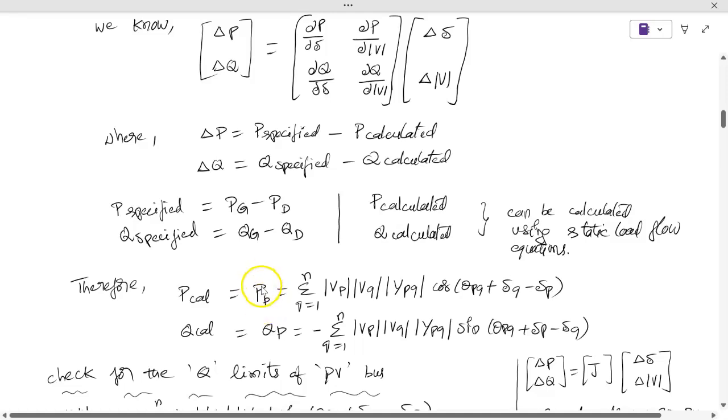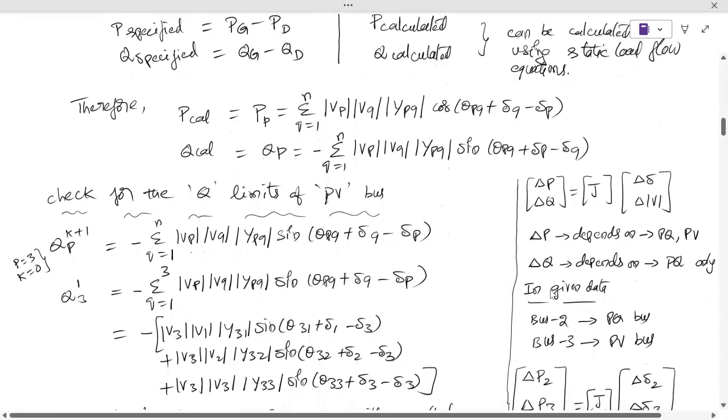Pp is equal to the sum over q equal to 1 to n of magnitude Vp, Vq, Ypq, cos of (theta pq plus delta q minus delta p).